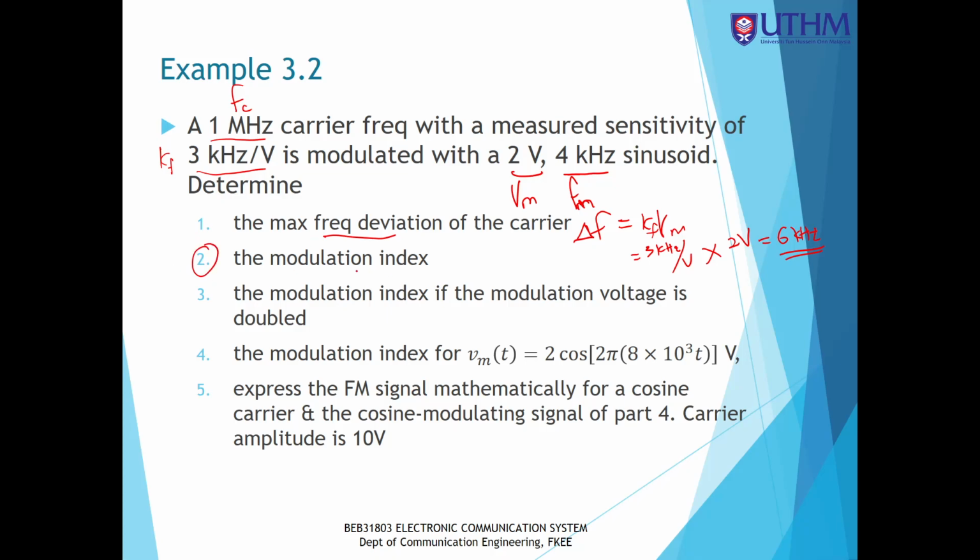Question 2. Find the modulation index. In this example, the question asks you to find beta f. Beta f is equal to kf Vm over Fm, or you can write it as delta f over Fm.